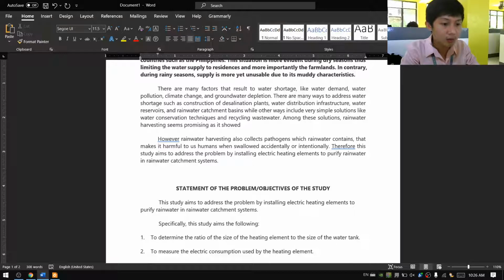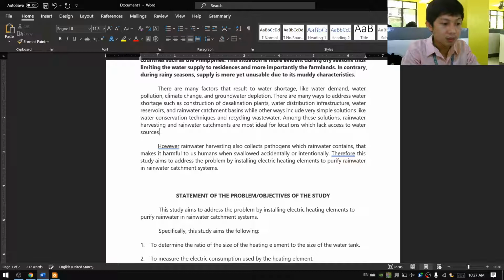Rainwater harvesting and rainwater catchments are most ideal for locations which lack access to water sources. Oh, medyo tricky. Okay.